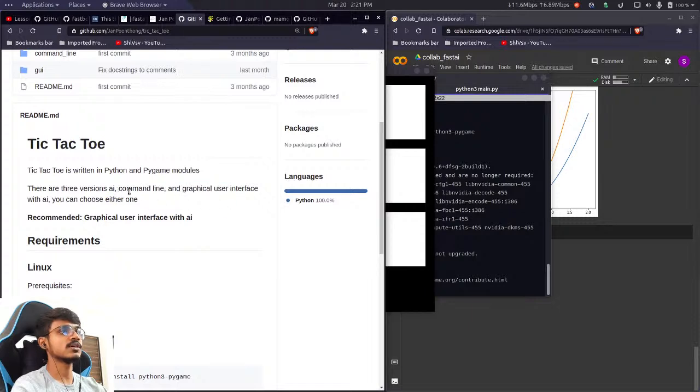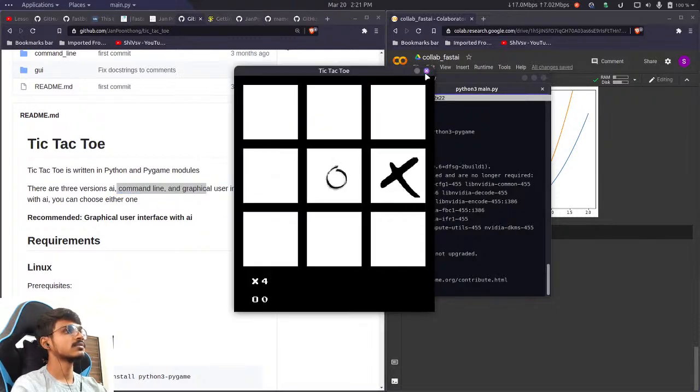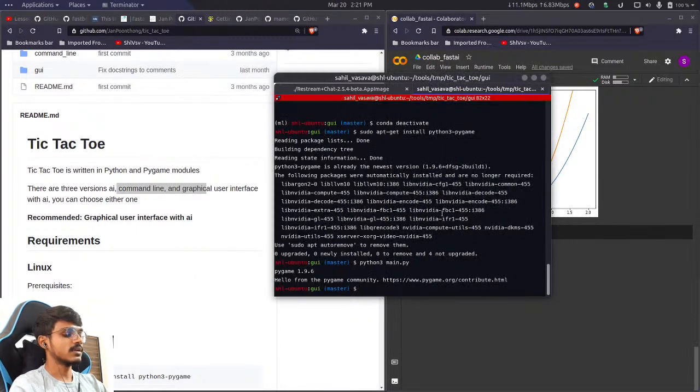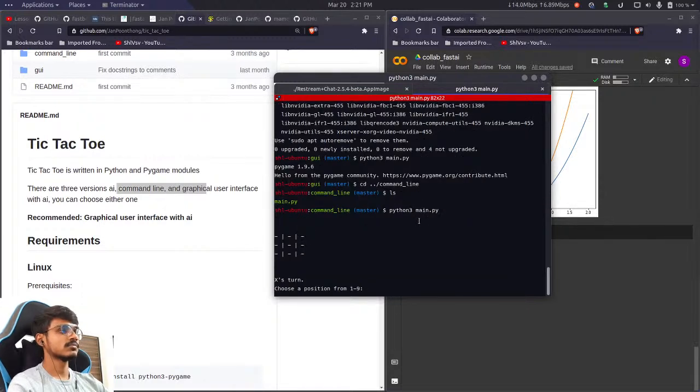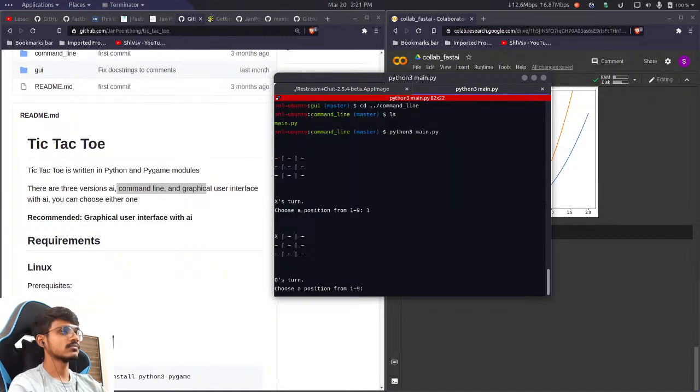So there's also a command line version. That's awesome. Let me try to open that one as well. Okay, so the command line version doesn't have any AI, I guess, right?